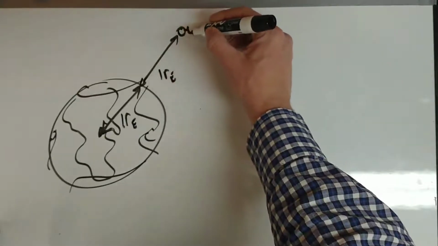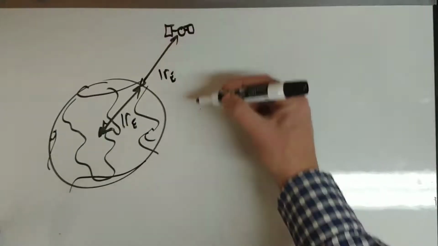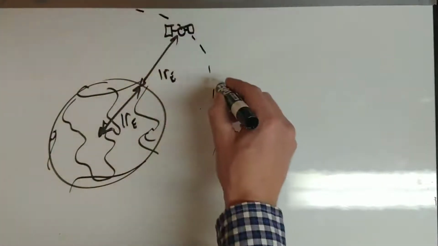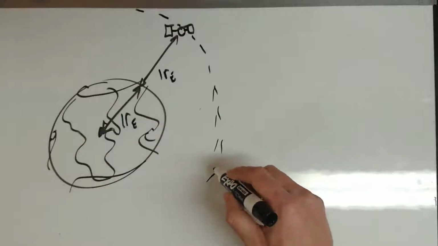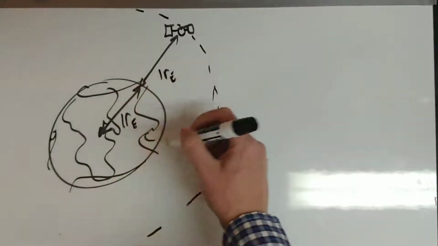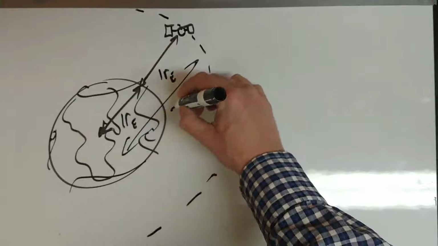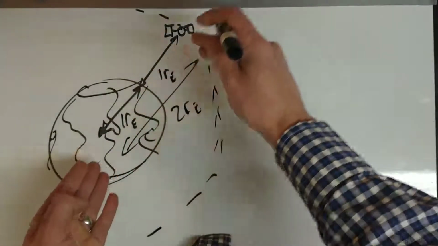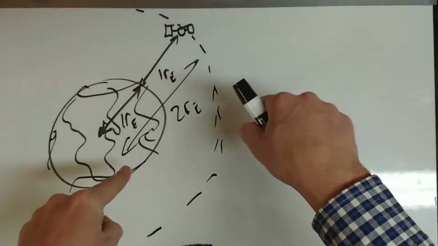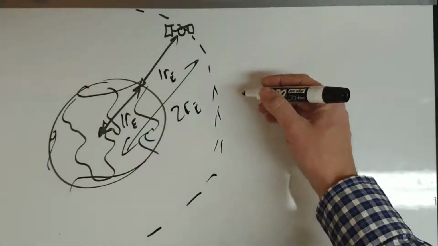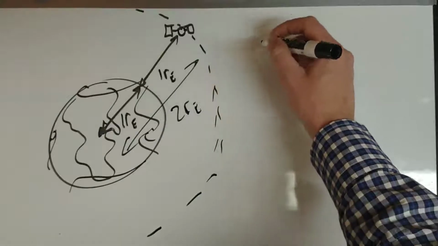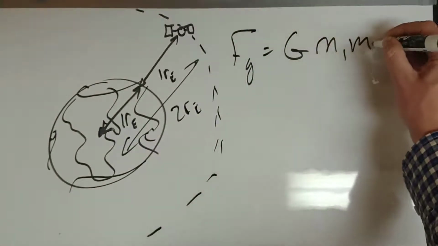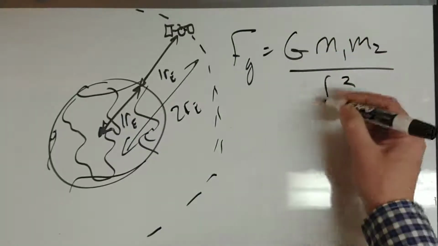It could be a satellite. Looks kind of like a TIE fighter, but whatever. It's a satellite, so its orbit is 1 Earth radius above the Earth. Its total distance from the center of the Earth is 2 Earth radii. So, if we double the distance between the two objects, the force gets weaker. All right? The force gets weaker as we double the distance because Fg equals G m1 m2 over r squared, right?